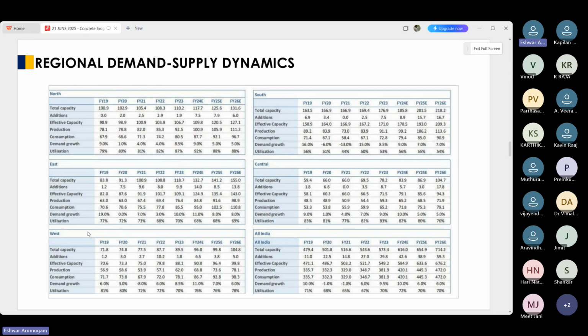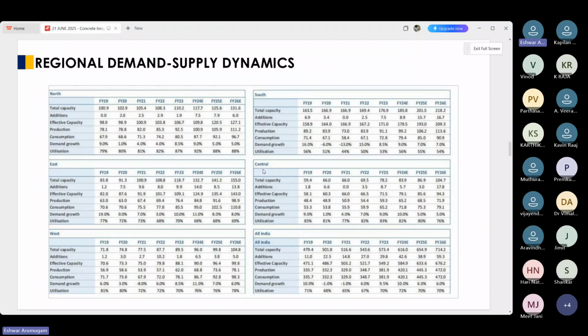It already is very well developed, and it had stupendous growth till FY20. Since then it has slowed down a bit, and the utilizations have also dropped a bit. The key demand drivers for this market are urbanization, slum redevelopment, which is a very key driver in Maharashtra, and maintenance and infrastructure.